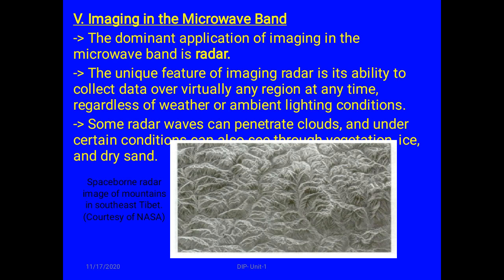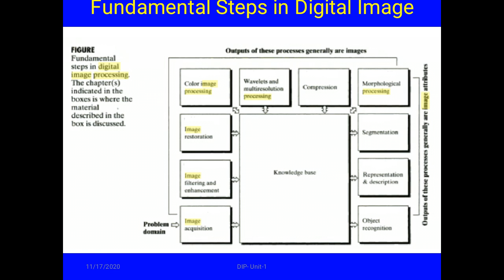The dominant application of imaging in the microwave band is radar. The unique feature of imaging radar is its ability to collect data virtually at any time. Radar waves can penetrate clouds under certain conditions, and also ice and dry sand.